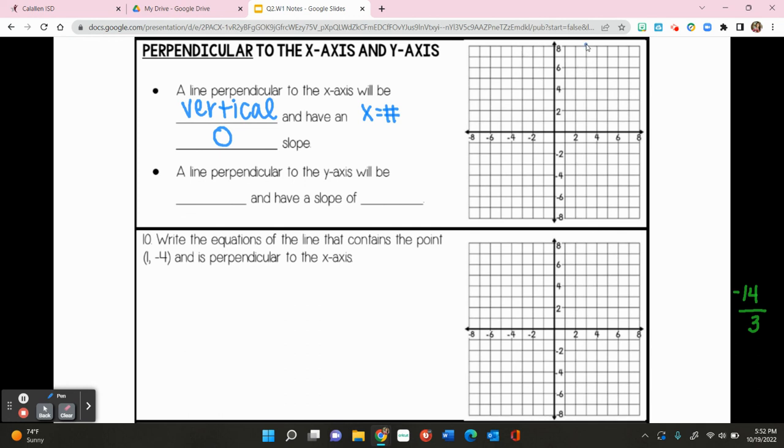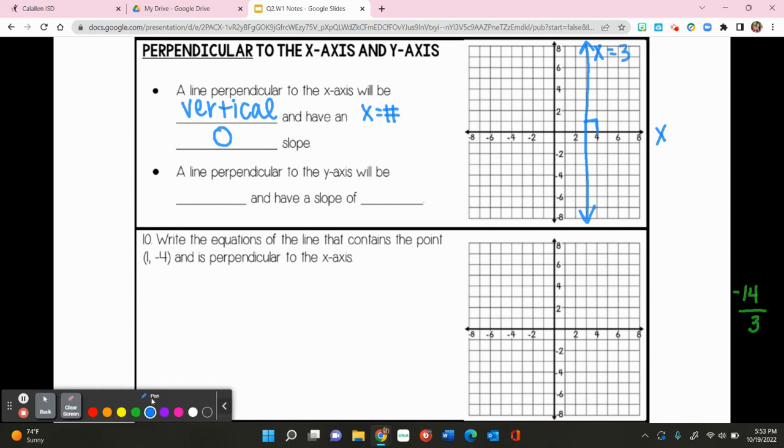So for instance, if I draw this line, I see that it is perpendicular to my x-axis. I see that it is creating a 90-degree angle. So here this would be x equals 3, for instance.